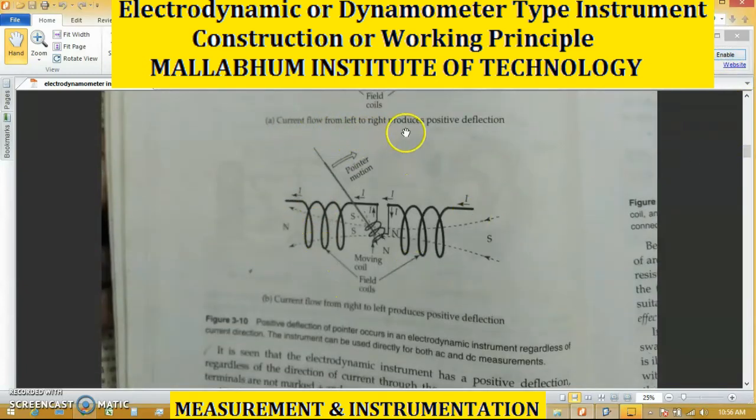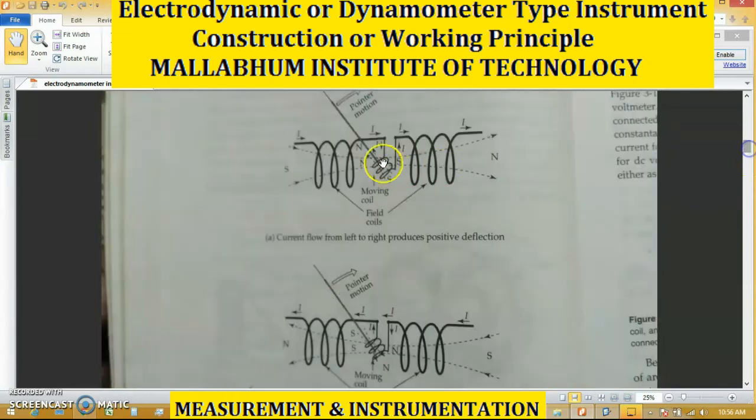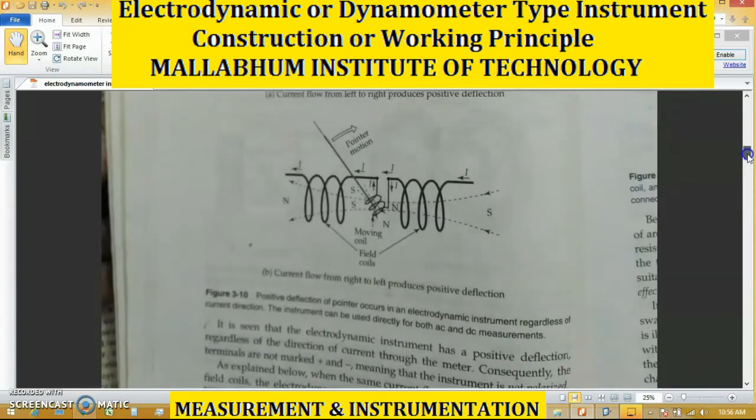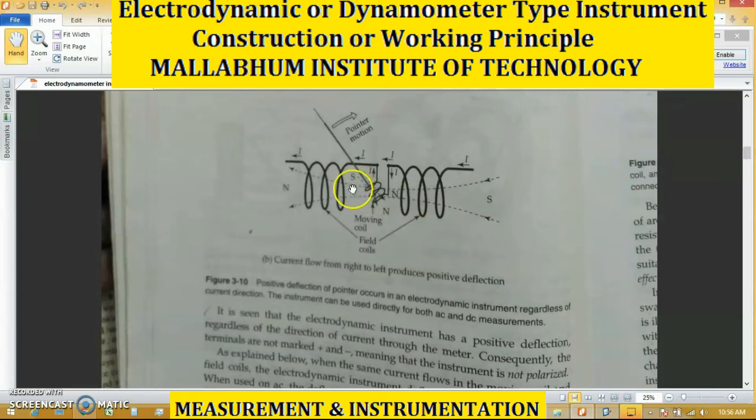When current flows from left to right, and also in the opposite direction, from right to left, you can see that north-north, south-south poles are created. If we reverse the current direction, that is the main operating principle. Whatever the current direction, as it is AC current, the current direction is not responsible for the pointer moving in the opposite direction.